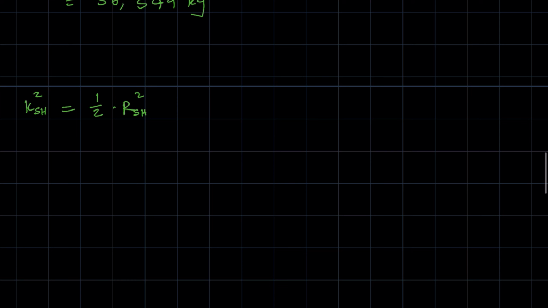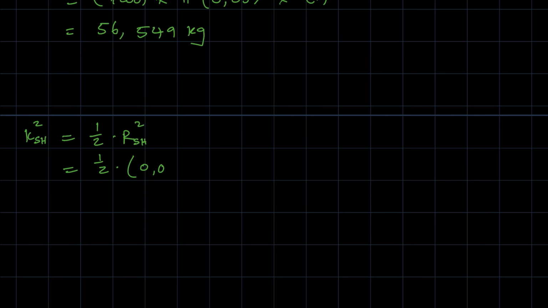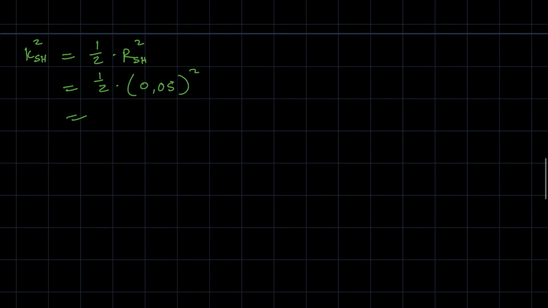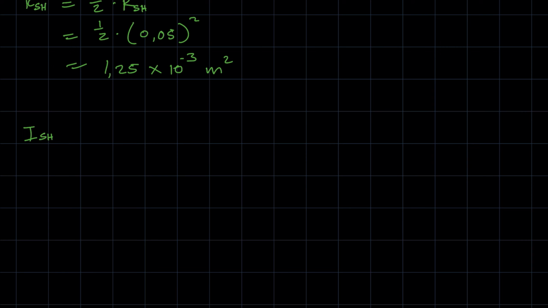This is half into 0.05 all squared. If you punch this in your calculators, we get 1.25 times 10 to the negative 3 meters squared. We have the mass, we have the radius of gyration. Now we can get I of the shaft.